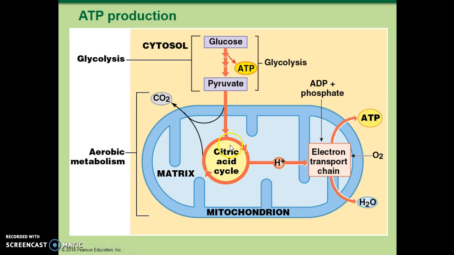The pyruvate then enters the mitochondria to be further broken down by cellular respiration, which is called the citric acid cycle, and this is going to produce CO2 and some ATP. It's also going to be further transported in the electron transport chain to produce the maximum amount of ATP. Oxygen is required for this process.